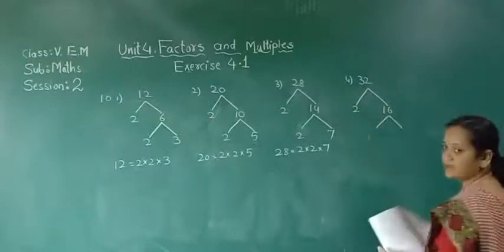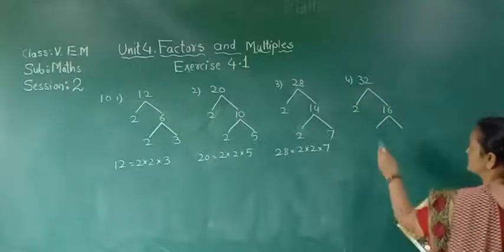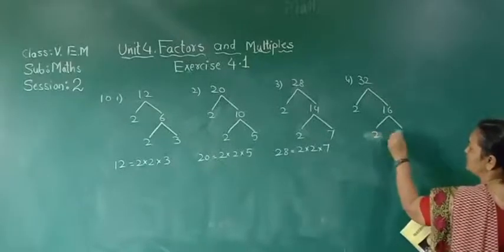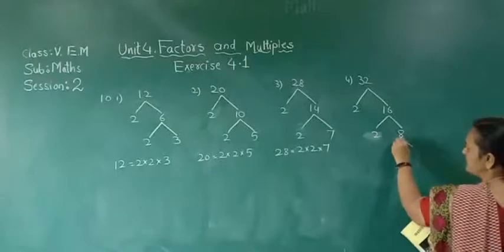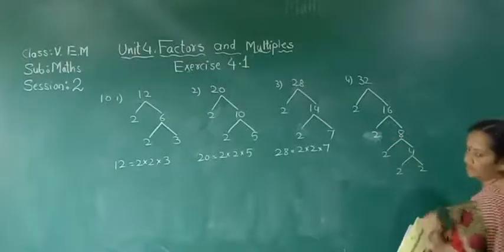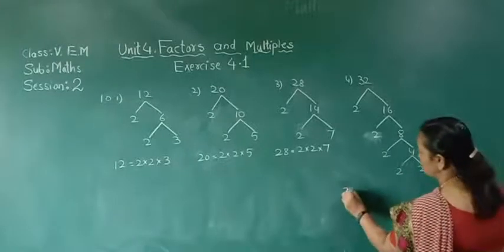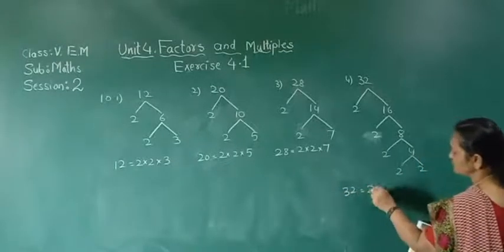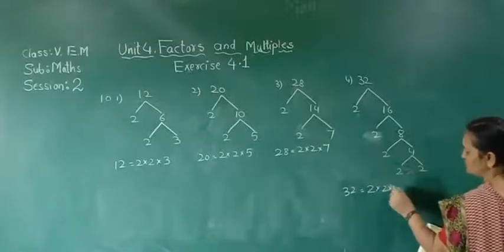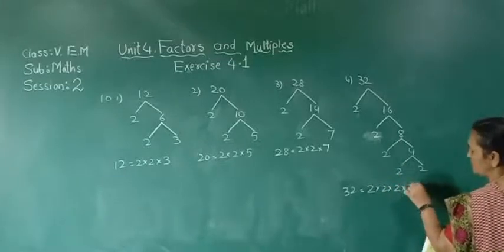Then 16, it is 4 4s, isn't it? Or you can write 2 8s are. Then 8 again it is 2 4s, and 4 it is 2 2s. So here 32 is equal to 2 into 2 into 2 into 2 into 2, five 2s.